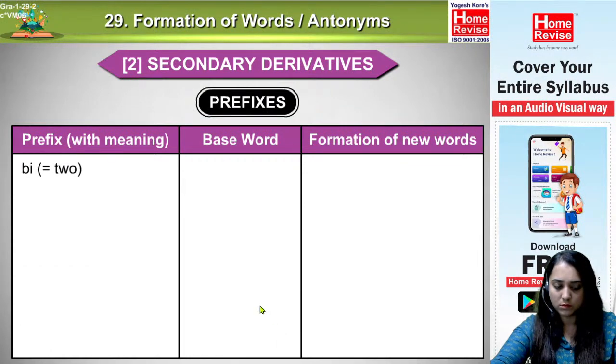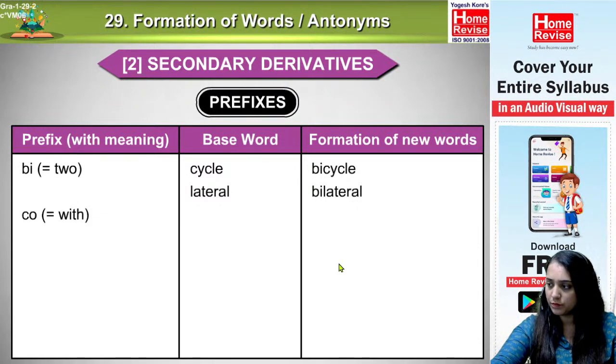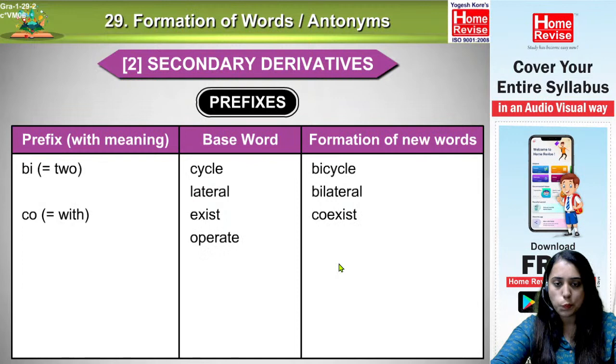Bi, meaning two, prefixed to cycle, forms bicycle. Prefixed to lateral, forms bilateral. Co, meaning with, prefixed to exist, forms coexist. Prefixed to operate, forms cooperate.